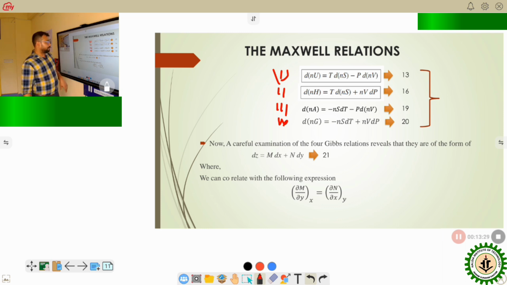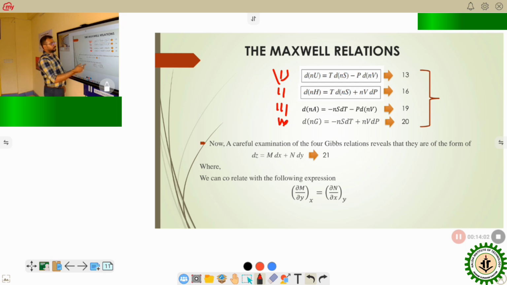Now, these four fundamental relations can be implemented to identify the relation between the unmeasurable variables and the measured variables, and can be applied to identify relations between heat, temperature, pressure, and volume of the fluid, to determine the heat and work done of a system for industry purposes also.